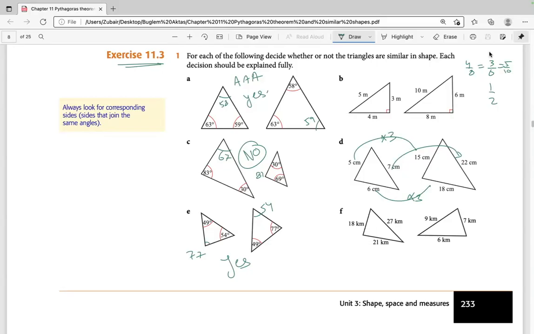Oh, sorry, I was aligning them with the wrong numbers. It's twisted. It would be twisted in the exam. So 6 times 3 is 18, 7 times 3 is 21, and 9 times 3 is 27. So we'll say they are in similar ratio.